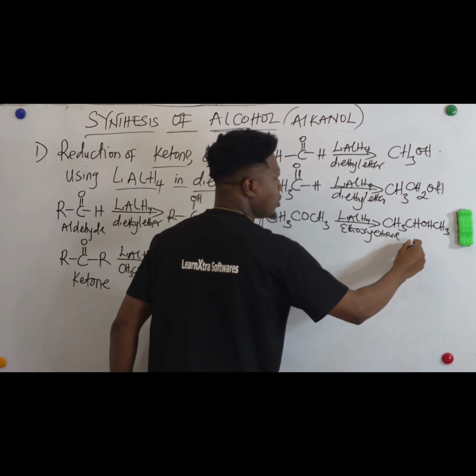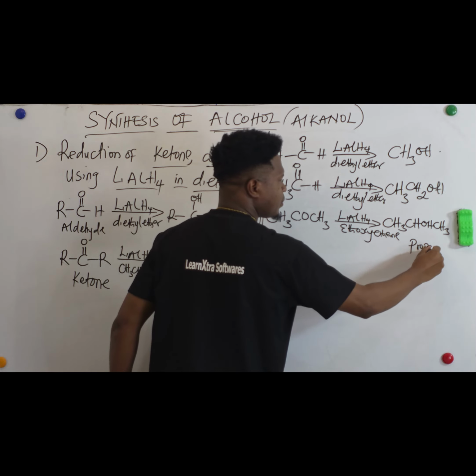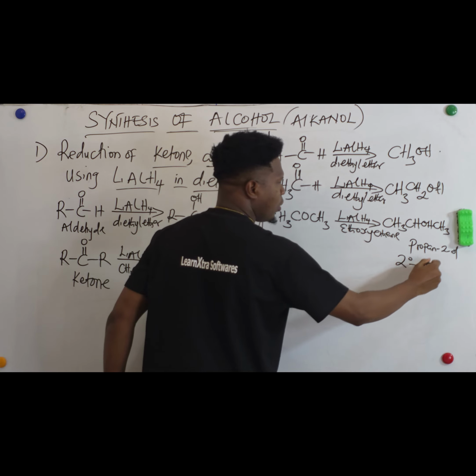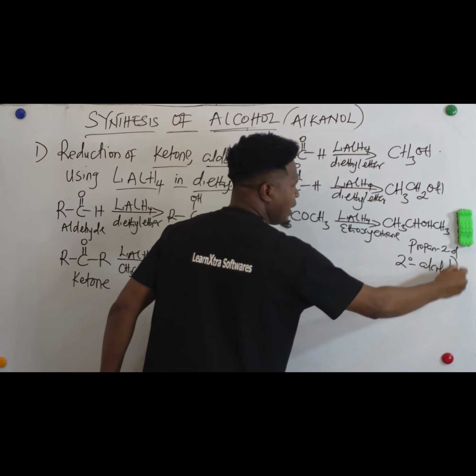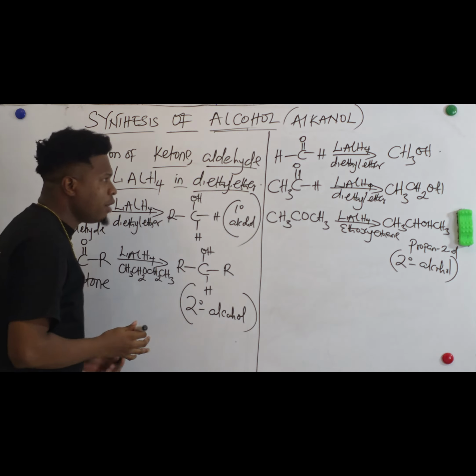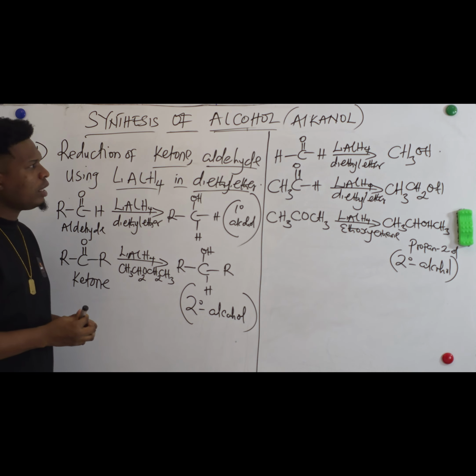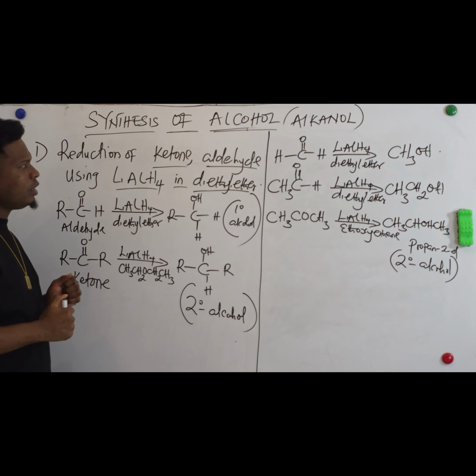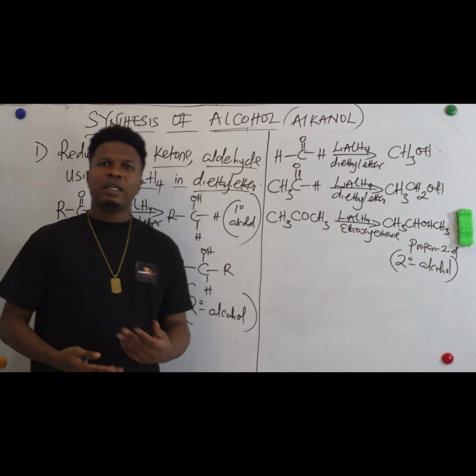So this will give us propan-2-ol, which is a secondary alcohol. So this reaction leads to the formation of a primary alcohol, secondary alcohol, and methanol, using aldehydes and ketones.